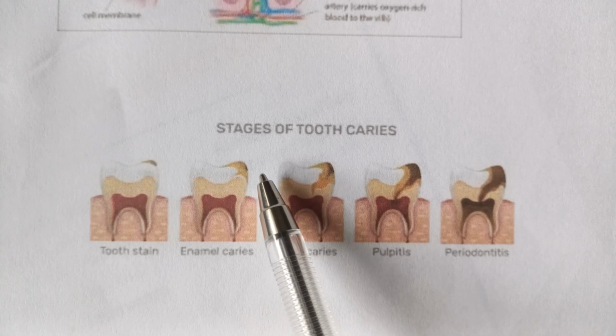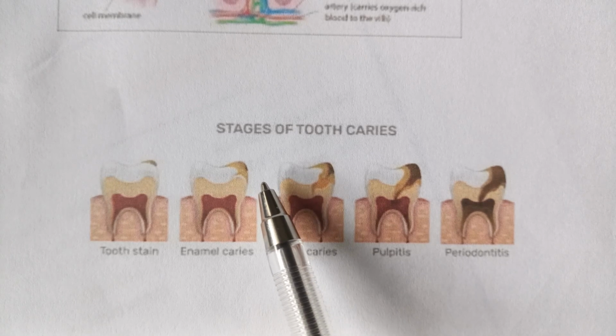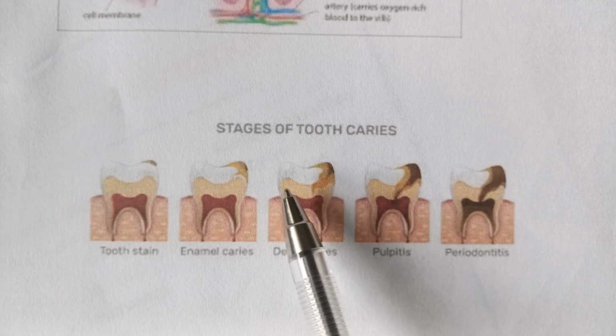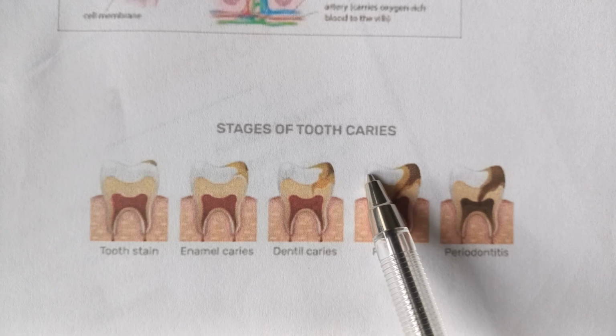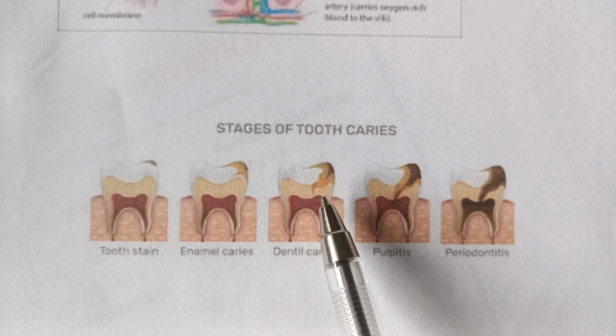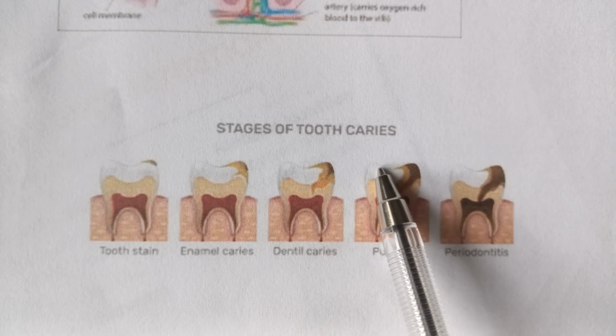Masses of bacterial cells together with food particles stick to the teeth. They get stuck in the small crevices in relation to teeth to form dental plaques, and saliva cannot reach the tooth surface to neutralize the acid, as these dental plaques cover the teeth.